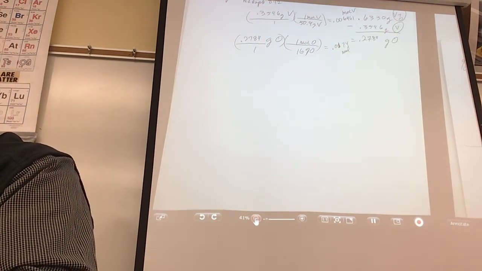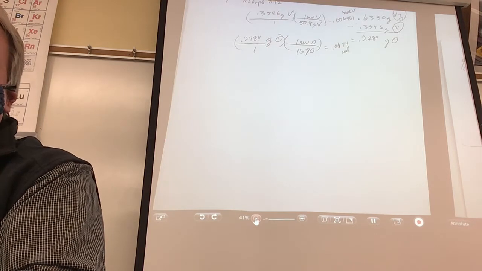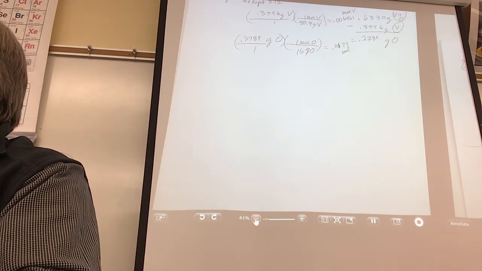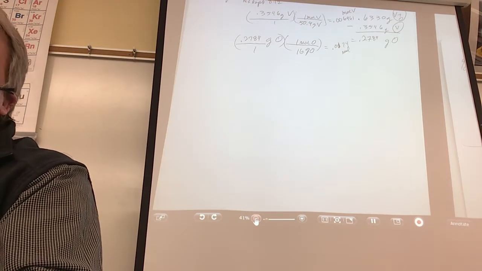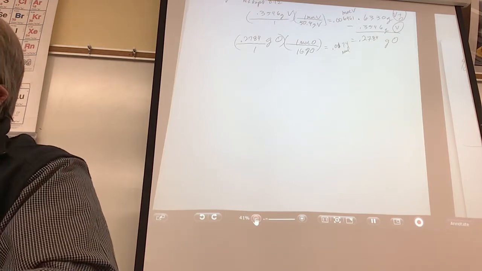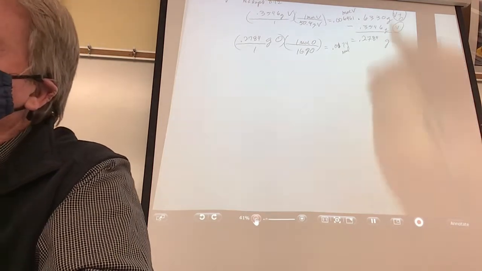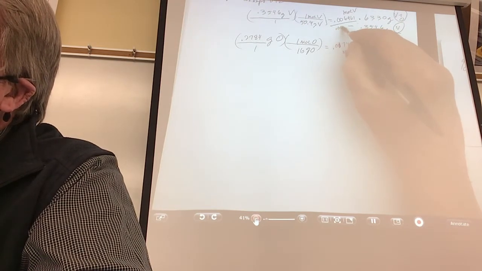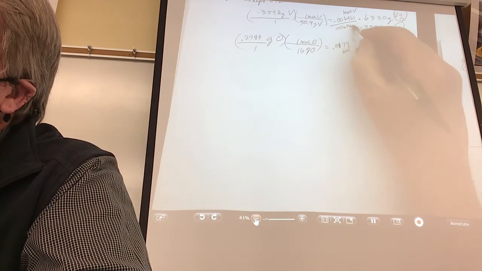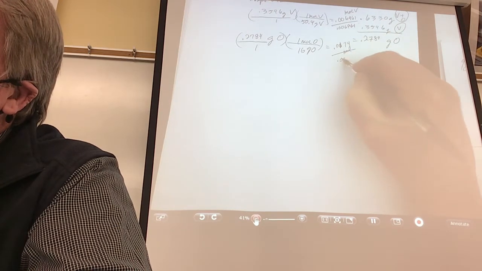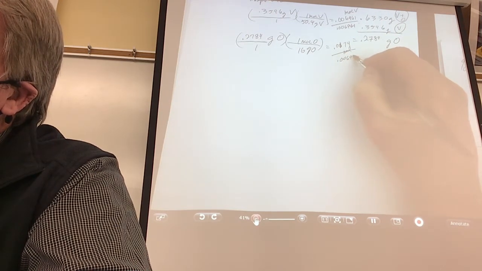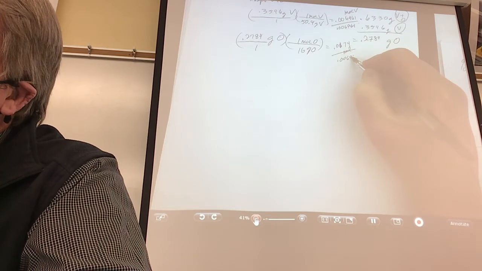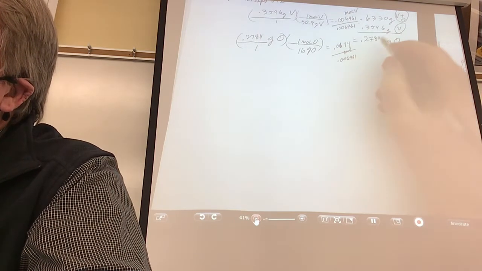Okay, so how am I supposed to come up with an empirical formula with these ugly looking numbers looking at me? So what's that math trick that they do to find the lowest whole number ratio? What do they do? Divide both of them by what? By the smaller. Okay.